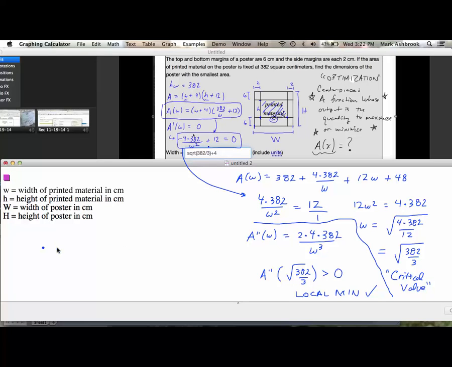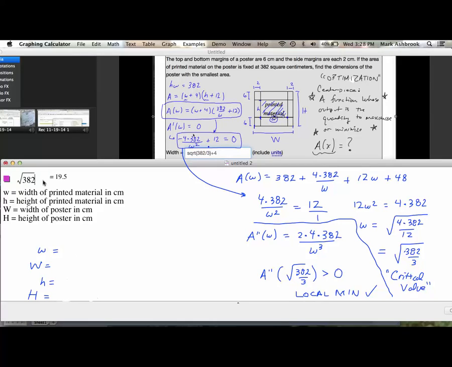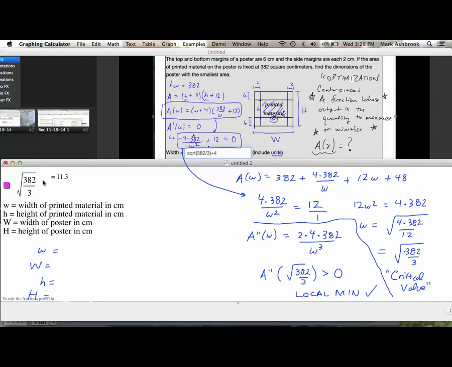We have it right there. So we can come over here and do the square root of 382 divided by 3. And this is this value of w, and that's little w, right? So again, emphasizing why we define those at the beginning, so we know what we're dealing with. Little w is the width of the printed material on the inside of the poster. So that's 11.3, and that's centimeters.